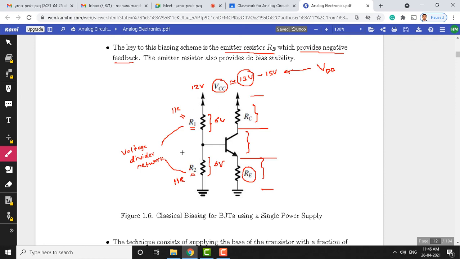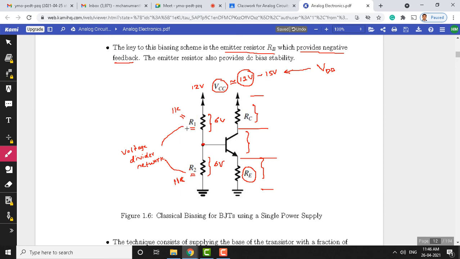But on the other branch, we have a common supply for both the branches. So, depending on R1 and R2, the voltage here can be decided. If I change the values of R1 and R2, definitely the drop varies. That is why this is called a voltage divider network.